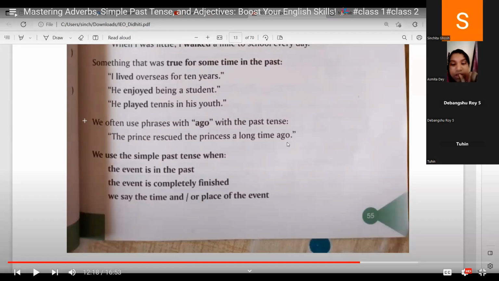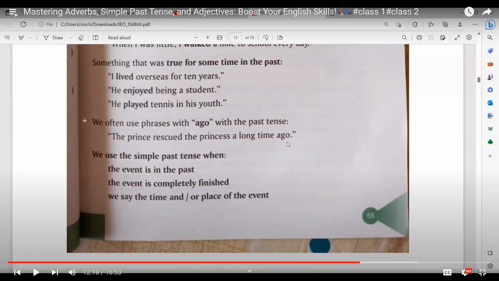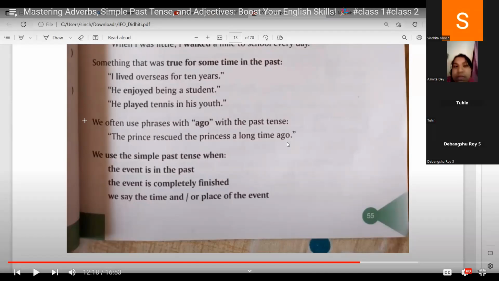Debangshu, is it clear to you why we use ago? Yes, ma'am. Okay, very good. Now, Ashmita, can you tell me an example of this one?